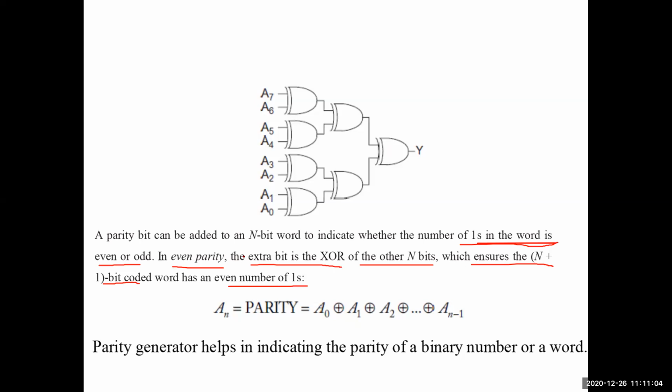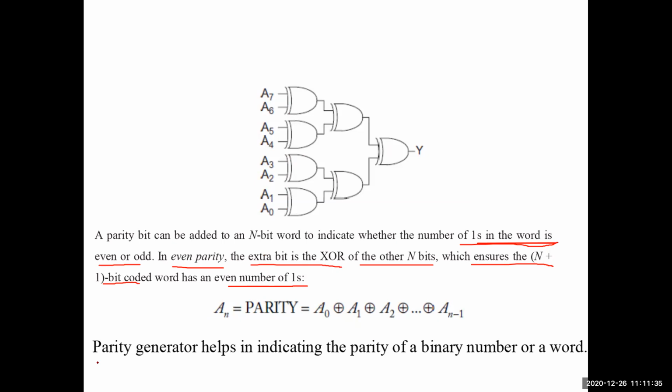Or else, if it is an odd parity number, the extra bit will be added, where n minus 1 coded will be output. If it is n minus 1, then the number of ones will be odd. And this is the expression for An, the parity: A0 XOR A1 XOR A2 XOR A3, and so on up to An minus 1.